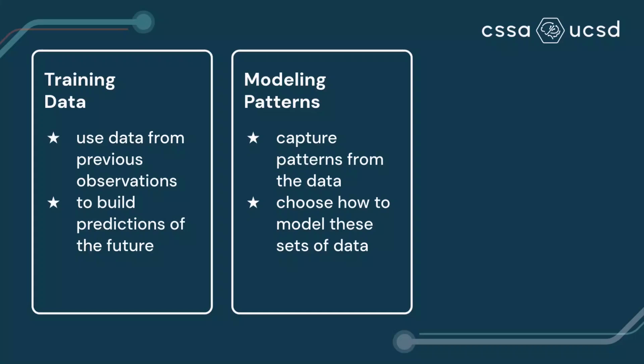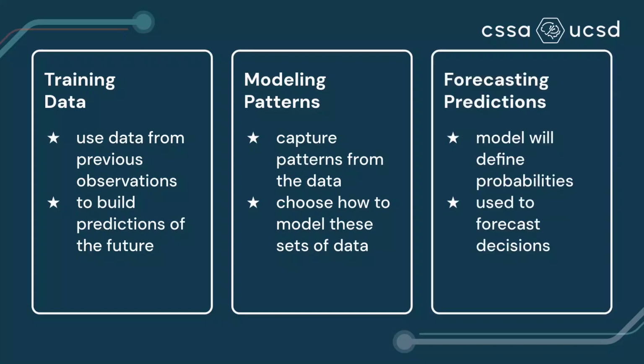From the training data, we capture patterns and choose how to model these sets of data. And then we use the training data and the patterns from that training data to forecast predictions, where the model will define the probabilities of certain outcomes, and we'll use that to forecast decisions. So these are the 3 aspects of any machine learning task. You will be performing all 3 of these actions today. How exciting!